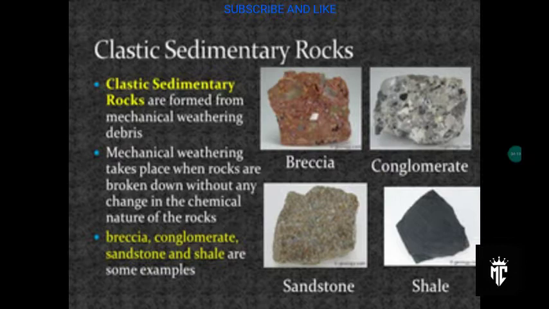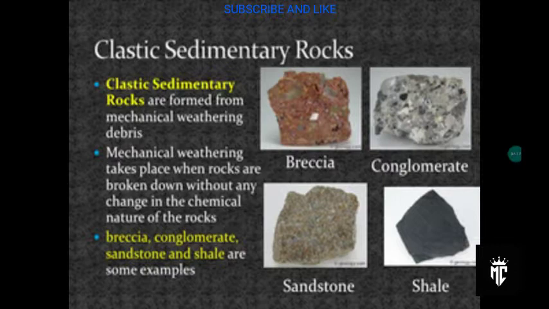Now, what does the term clastic mean? Clastic means the sediments, the weathered or broken parts of pre-existing rocks, are carried down and deposited at a particular place.